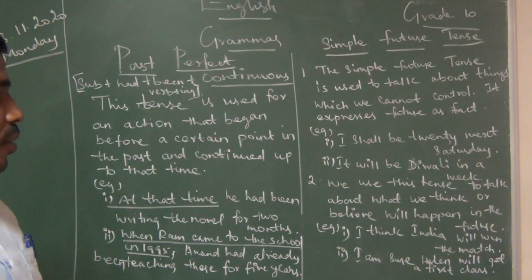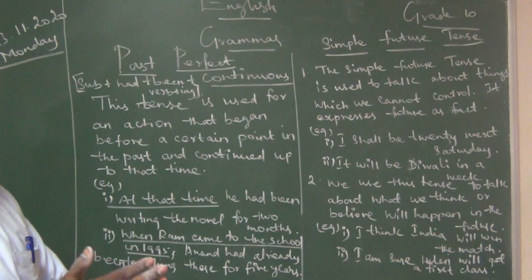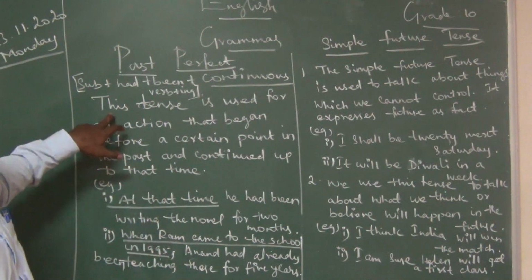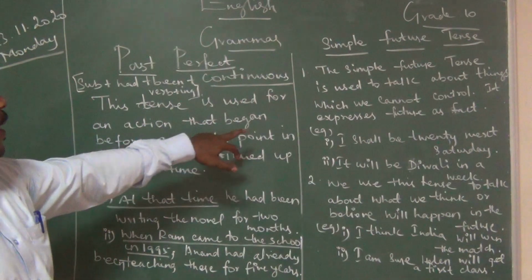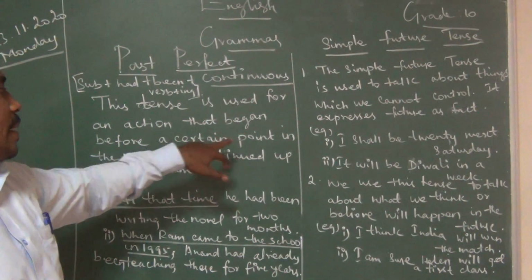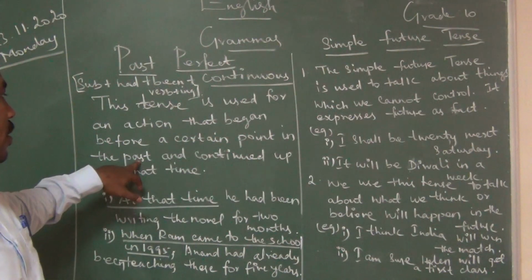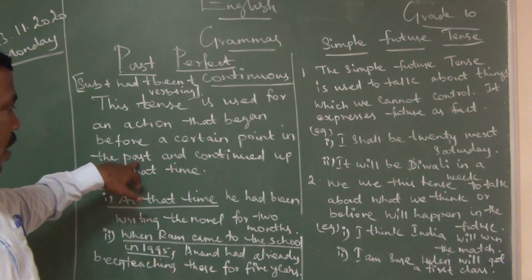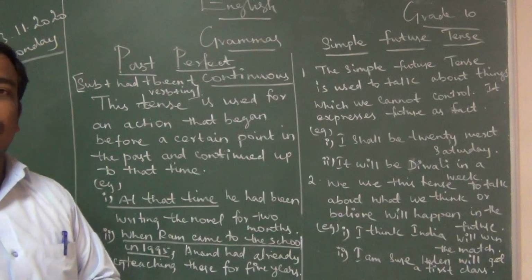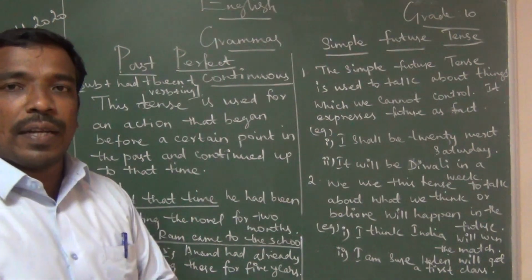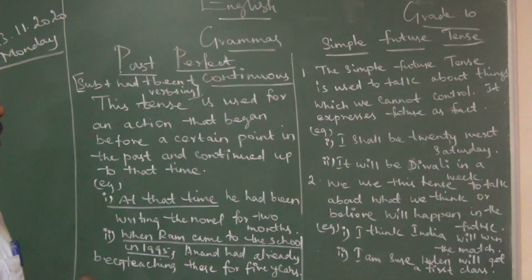Take down the rule fast. This tense is used for an action that began before a certain point in the past, and continued up to that time. Okay, past tense. It never comes in future, only past tense.